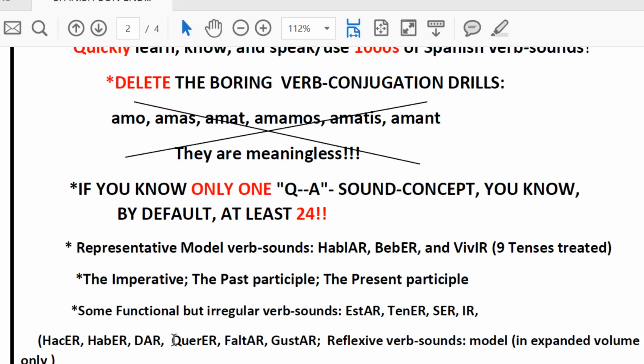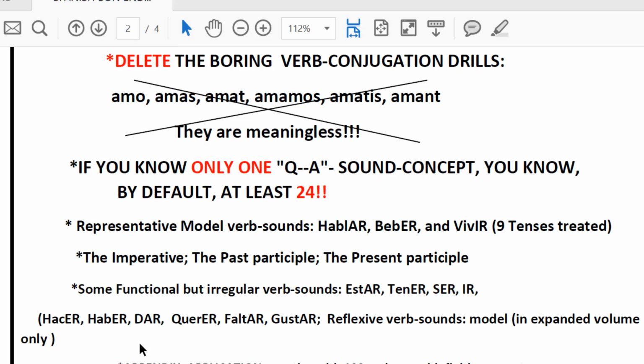I also treat hacer, haber, dar, querer, faltar, gustar, and reflexive verb sounds, and I treat those in the expanded volume only. These are all new Son-Endo-Grams.